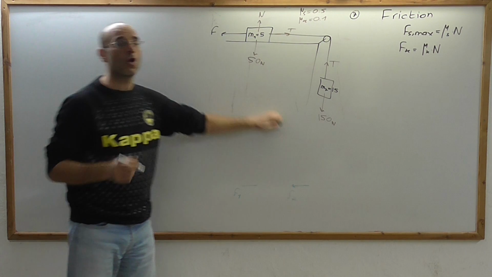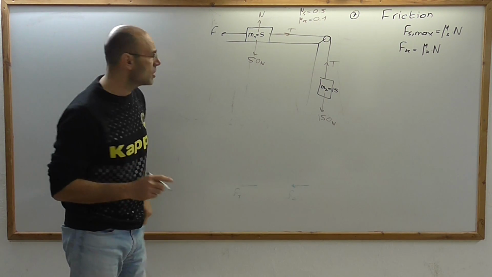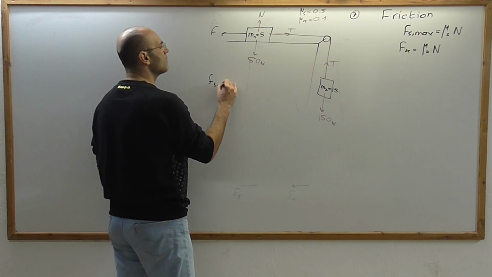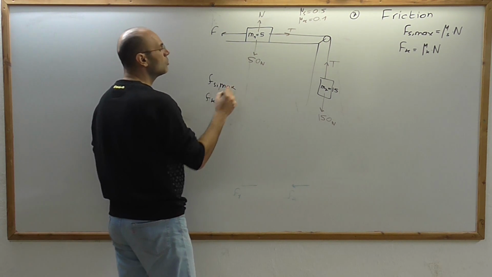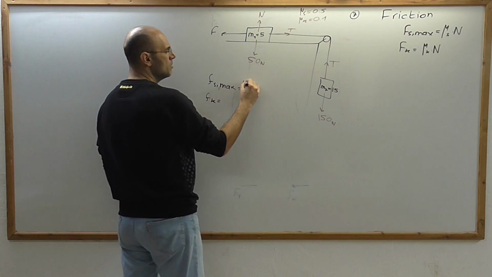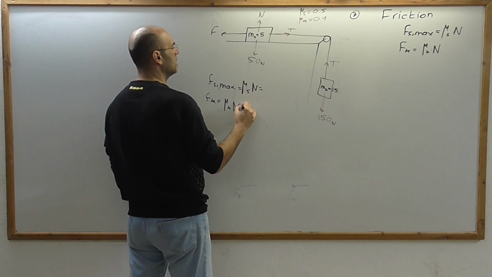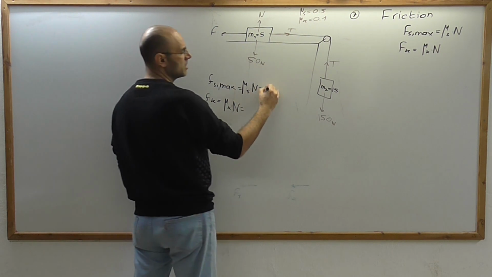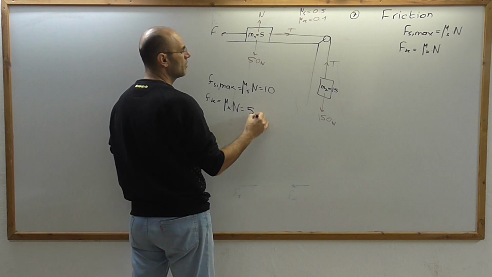So let's ask all the questions that can be asked. Before I do, I do want to know what Fs max is, even though I don't know the direction, I want to know the value. Mu static multiplied by N, mu kinetic multiplied by N: 0.5 multiplied by 50 is 25, 0.1 multiplied by 50 is 5.